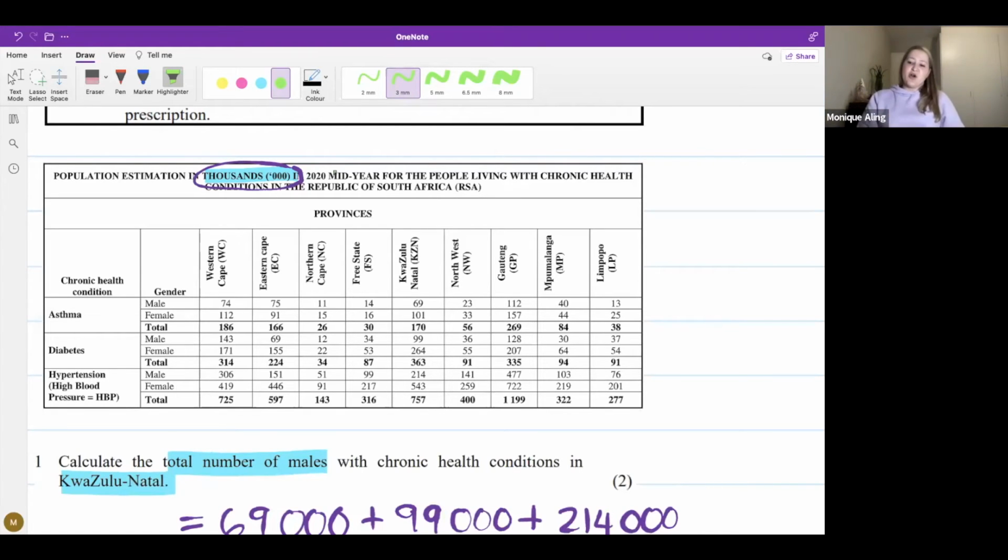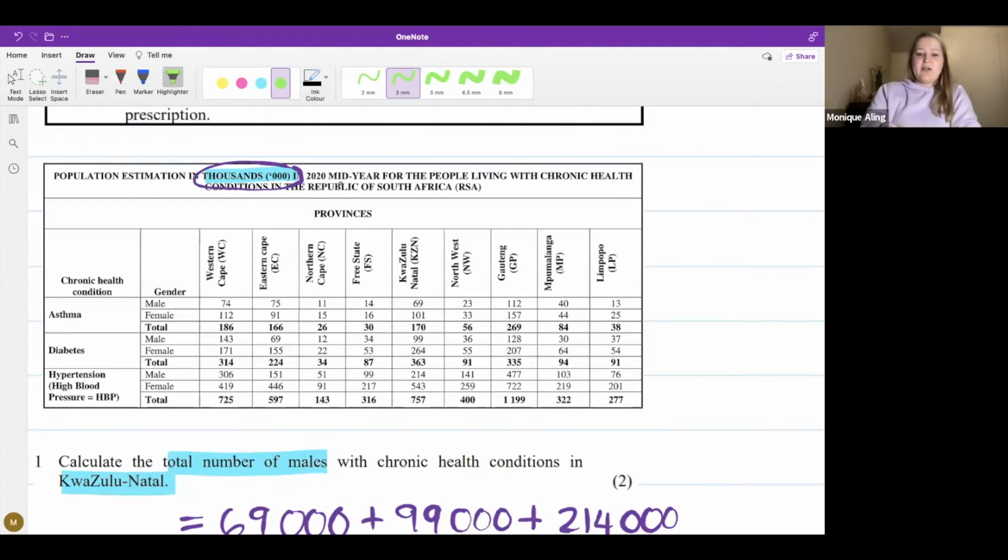Okay, but what was your total? The total was 363. Which numbers did you add up? I put 264 divided by 363. Okay, so you took the total of everyone with diabetes.